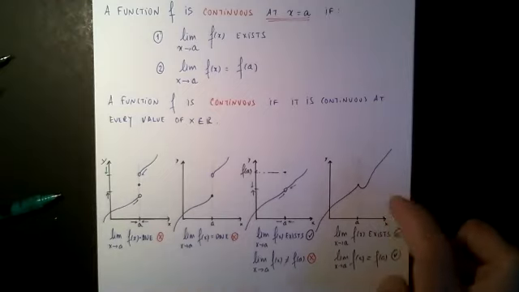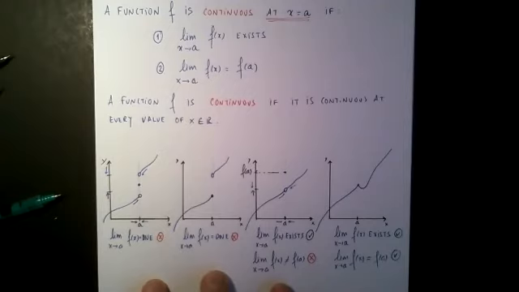So this function here is continuous and the other three are not. Do you understand this? Are there any questions? We're almost practically done with continuity. That's all there is to say. But there's a few definitions I need to show you, just last ones. And then we'll do examples.